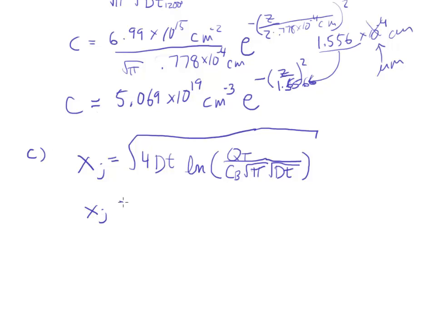So xj equals the square root of 4 times dt. In this case I'm going to stick with microns, and so our square root of dt value is 0.778 microns.